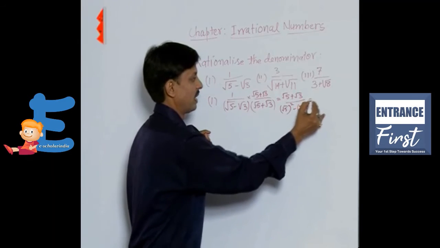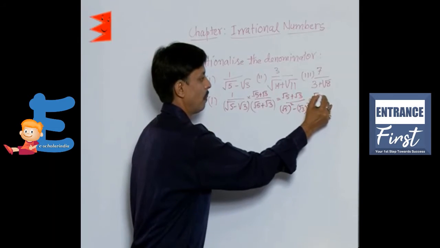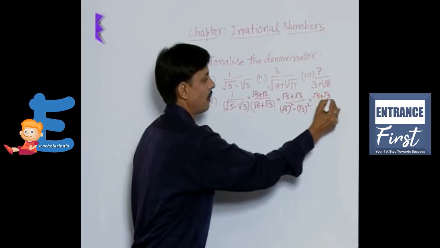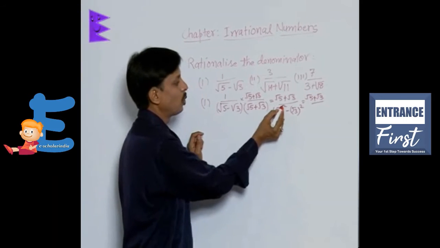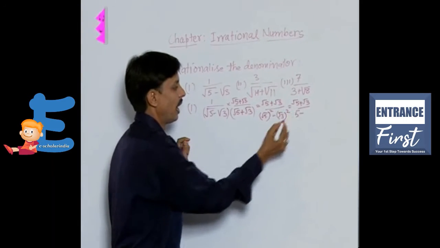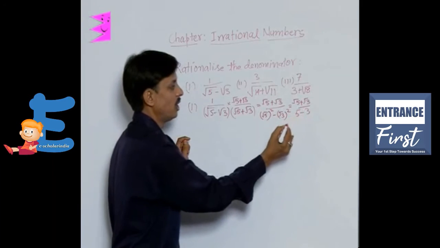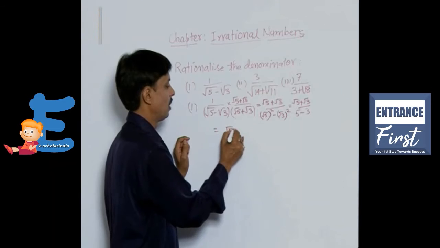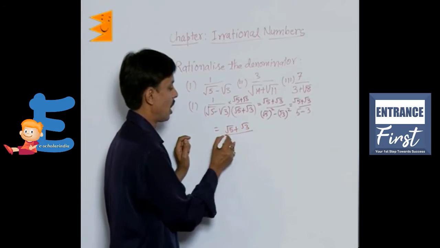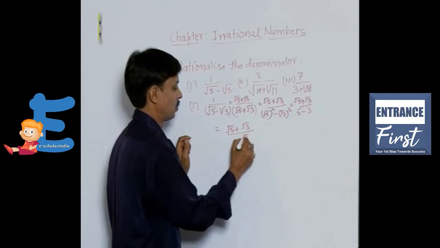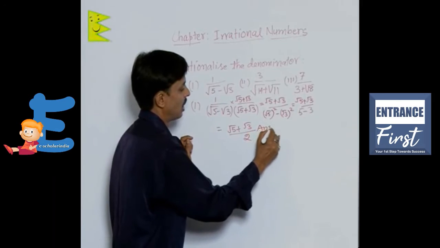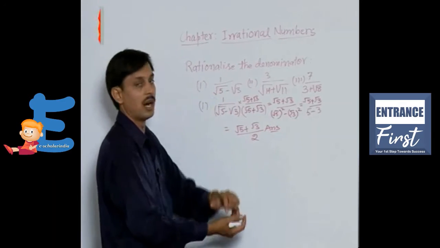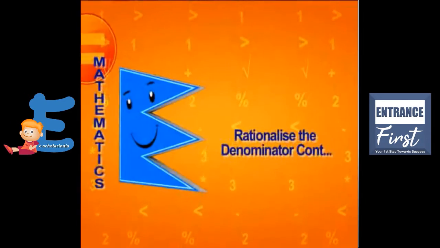This is coming as root 5 plus root 3 divided by root 5's whole square, which is 5, and root 3's whole square, which is 3. So the answer comes as root 5 plus root 3 upon 5 minus 3, that is 2. This is the answer of the first part, rationalized.